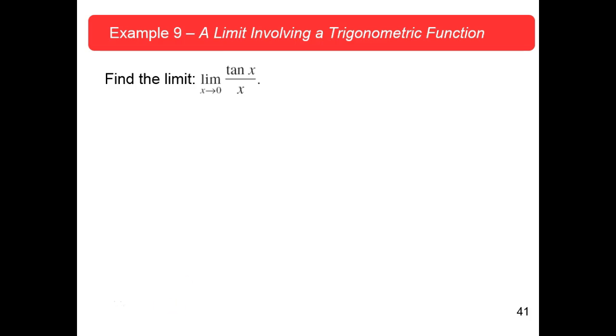Plug it in, okay? And if you plugged in here, what you would have would be tangent of 0, that's supposed to be a 0, over 0, which is not usually a very good thing to have because you can never divide by 0, unless, and this is what we talked about before, your numerator is also approaching 0. And what is tangent of 0? 0.